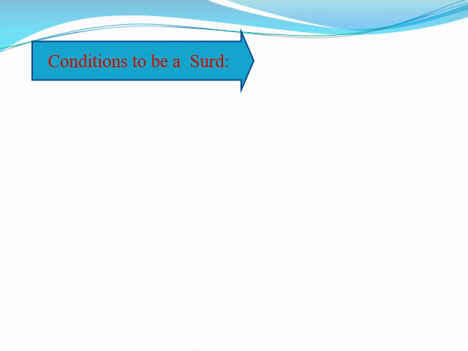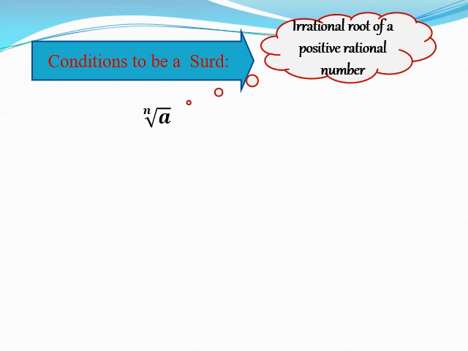Now we look at conditions to be a surd. Consider again nth root of a. It would be a surd. We have learned that a surd is an irrational root of a positive rational number. Just like cube root of 13, square root of 2 over 5 and fourth root of 10. These are the examples of surds.